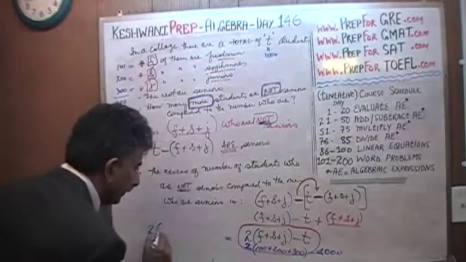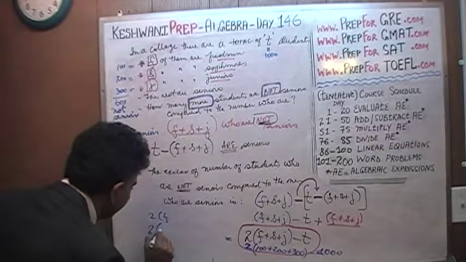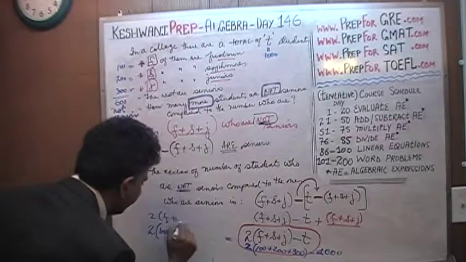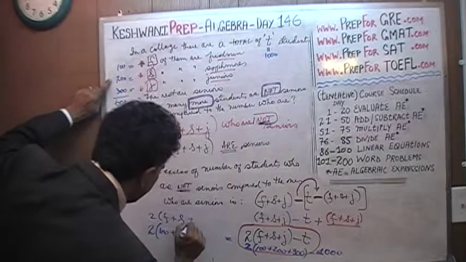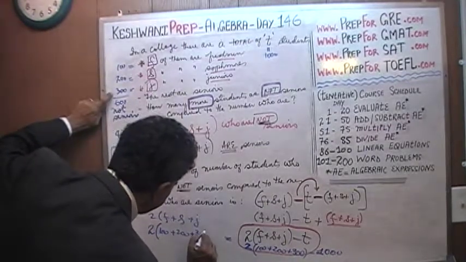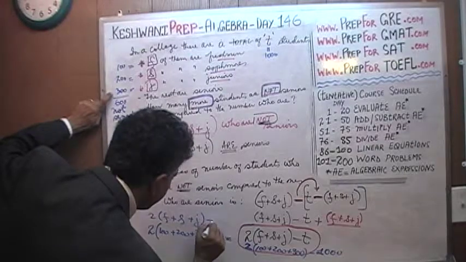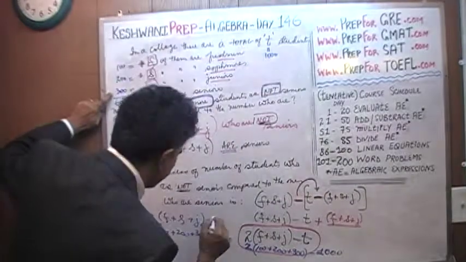Minus 1000. Let's do it here. 2 times F, which is 100, plus S, which is 200 to be plugged in here, plus J, which we plugged in as 300, minus T, which is 1000.